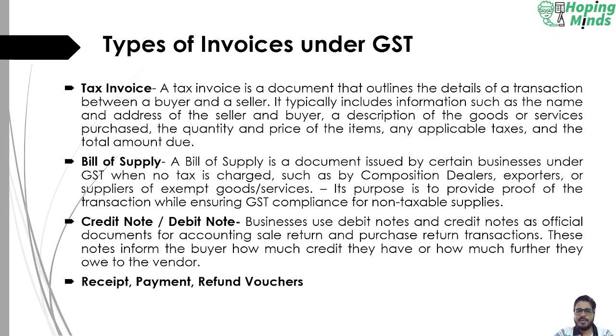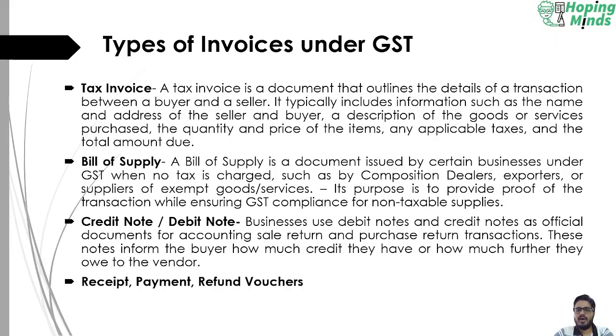So what are the different types of invoices under GST? Let us understand the various documents that act as invoices under GST. First one is tax invoice. Tax invoices are issued for regular taxable supplies. Then bill of supply. Bills of supply are issued for exempted goods or services or issued by composition scheme dealers for their supplies.